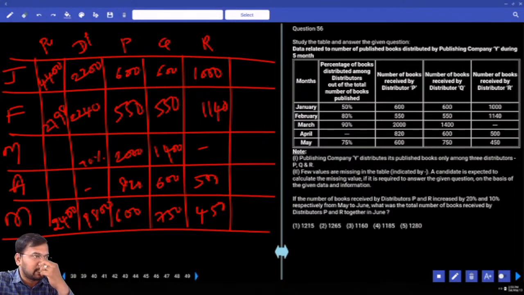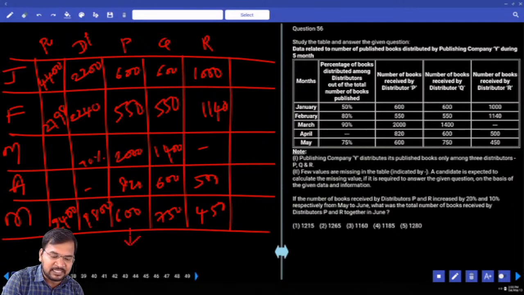Now see the first question. If the number of books received by distributors P and R are increased by 20% and 10% respectively from May to June. June data they didn't mention, but they gave the relation, 20% and 10%. For P, a 20% increase is nothing but 720. Yes or not?